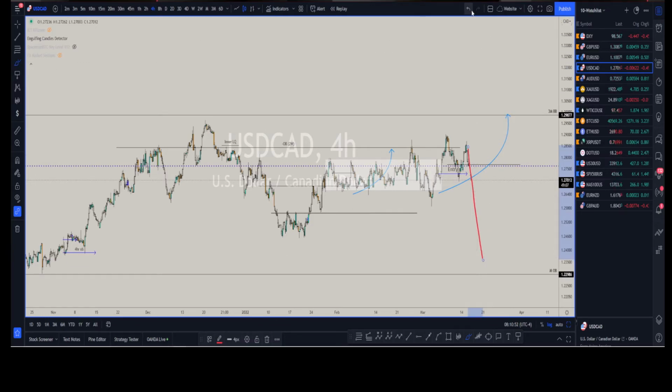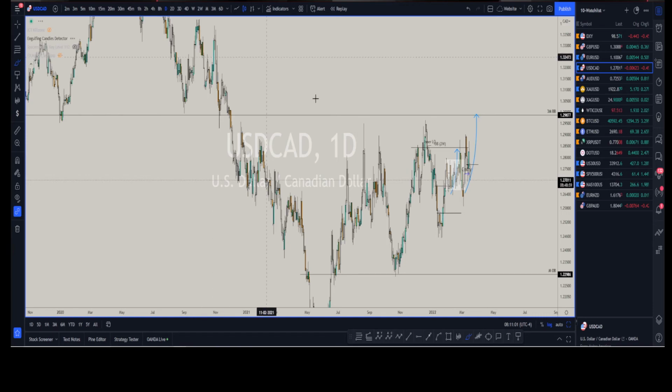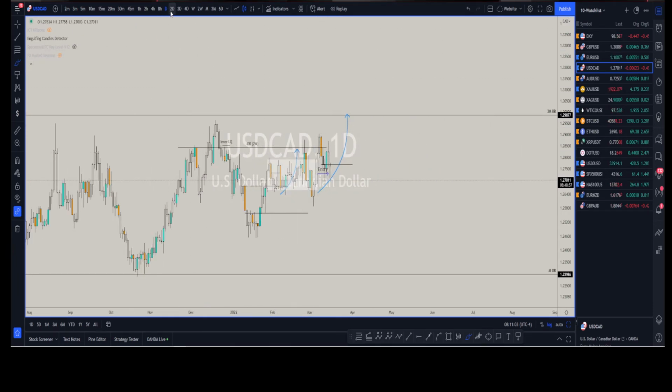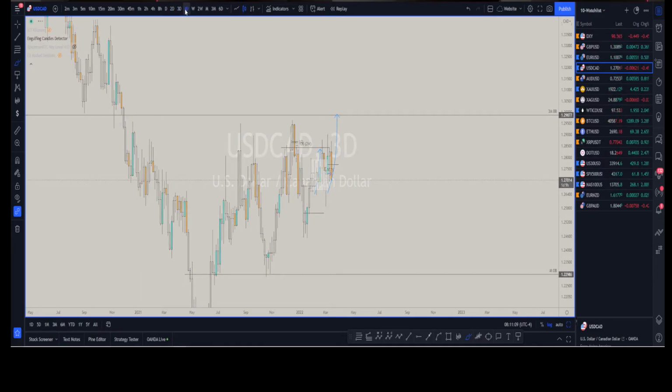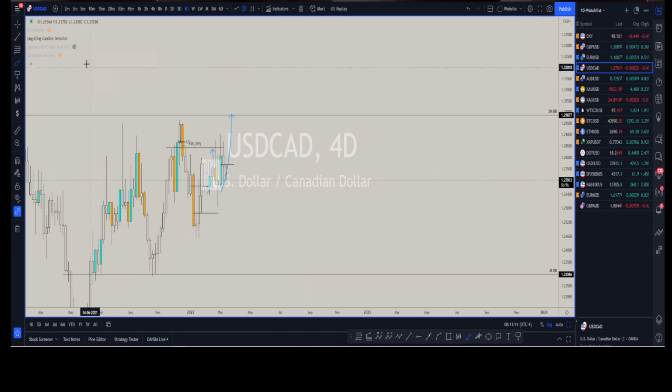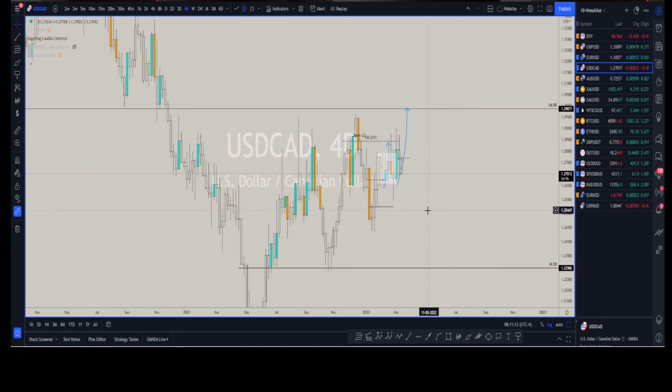Is everyone gonna dump it all the way down? Or they're just retesting this area? That's the 4 day, I mean.